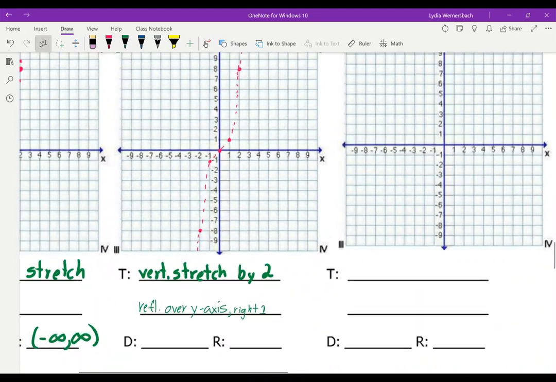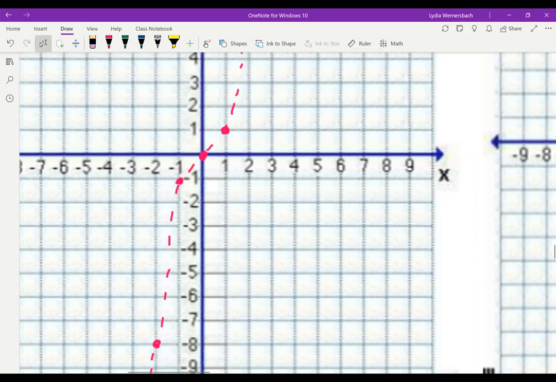Okay, so let's try it. We'll go one point at a time. So (0, 0). Can I vertically stretch (0, 0)? No. Okay. If I reflect (0, 0), it ends up in the same place. So all I can really do with this one is move it to the right one. All right. Next thing we have is (1, 1). Okay, can I vertically stretch this? Yes, I can.